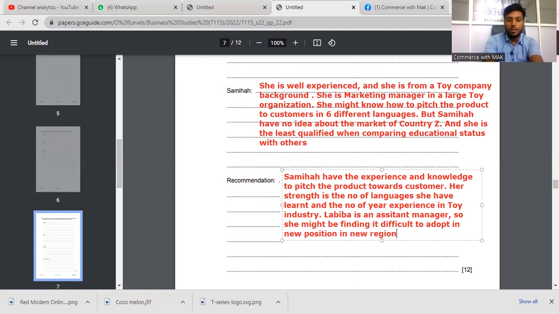Then we can write, whereas Shaheen is also from a different industry. It will take much time for him to adapt to the position.